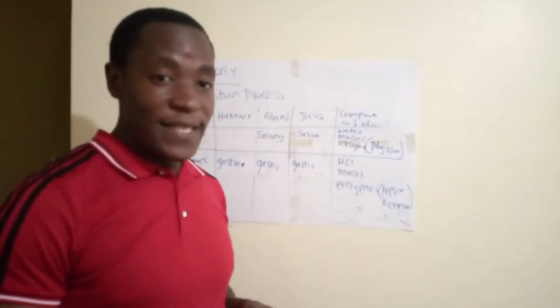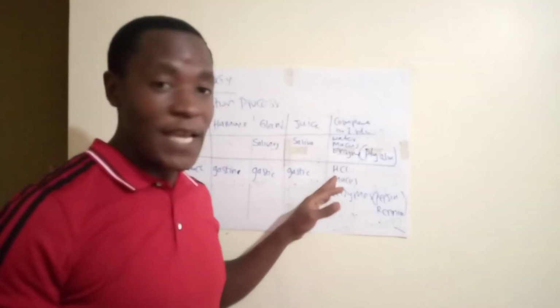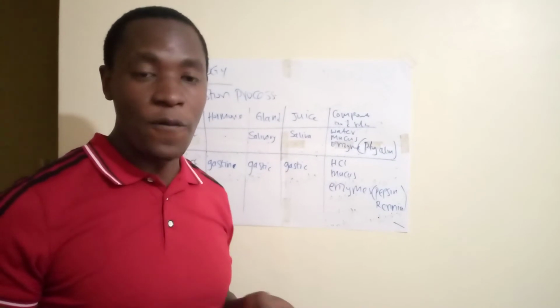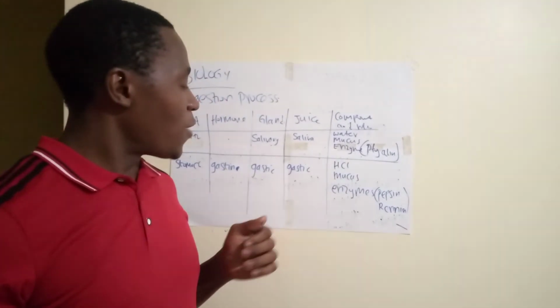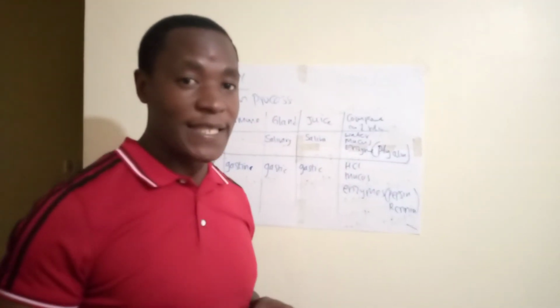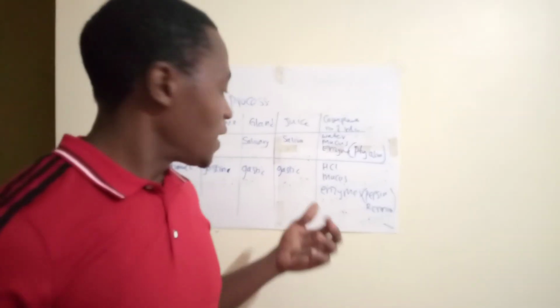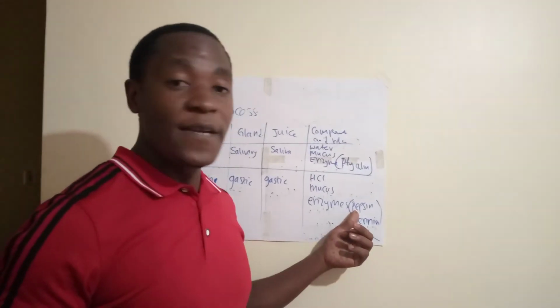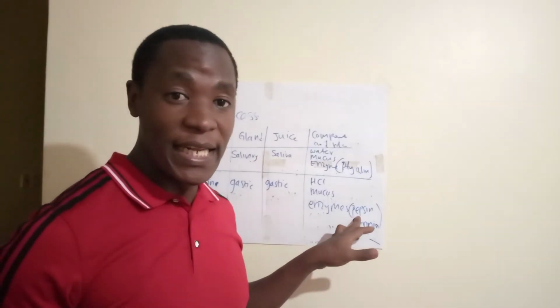Then we have the mucus. The role of mucus is to form a coating that prevents the walls of the stomach from being digested by this HCl. Now, what is the role of HCl? HCl plays three roles. Number one, it provides an acidic medium for the action of pepsin and renin.